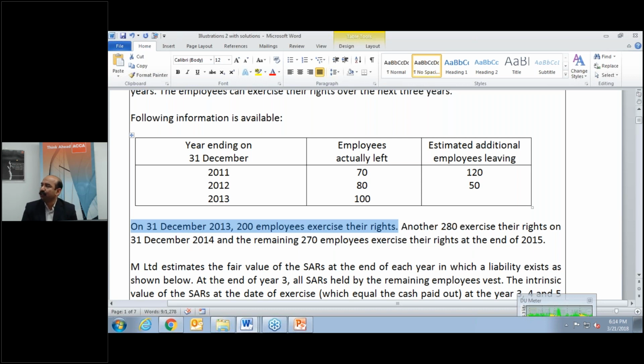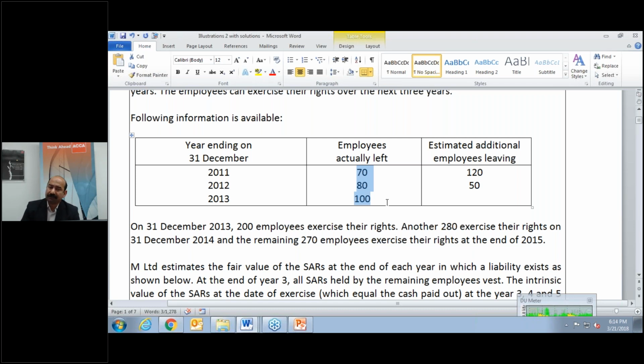And the actual position of the employees who are in fact entitled to these SARs is that 250 employees left, because now the actual situation is there. So 750 employees become entitled to these SARs.